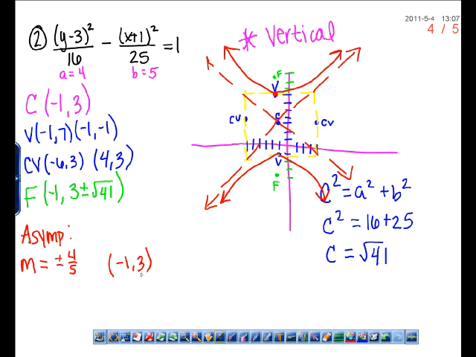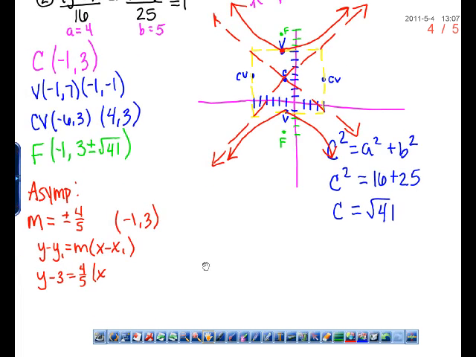All right. What was that point slope formula that we can use? Y minus y1 equals m times x minus x1. Okay? All right, so let's start with positive 4/5. So y minus 3 equals 4/5 times x, what?